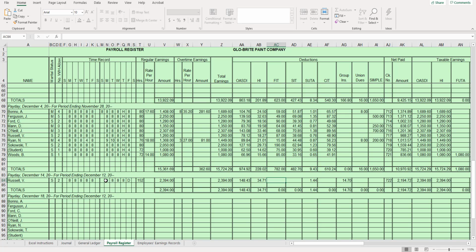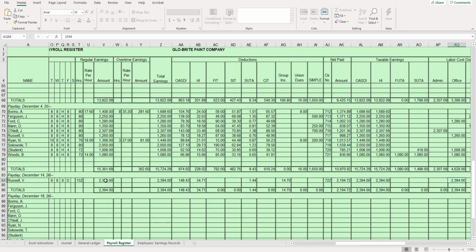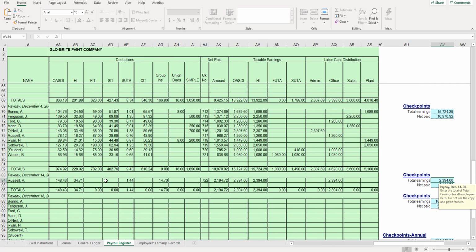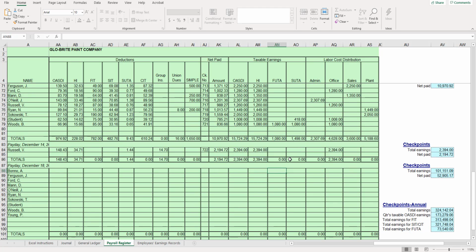You'll see here we did not take income tax withholdings. We did still have to pay the other taxes on her check, but we took no tax withholdings because this is going to her estate. So those are the figures there, and I have the checkpoint here filled in as well.